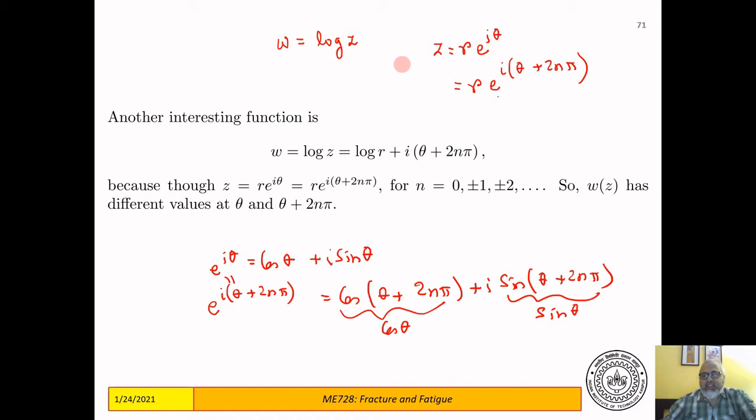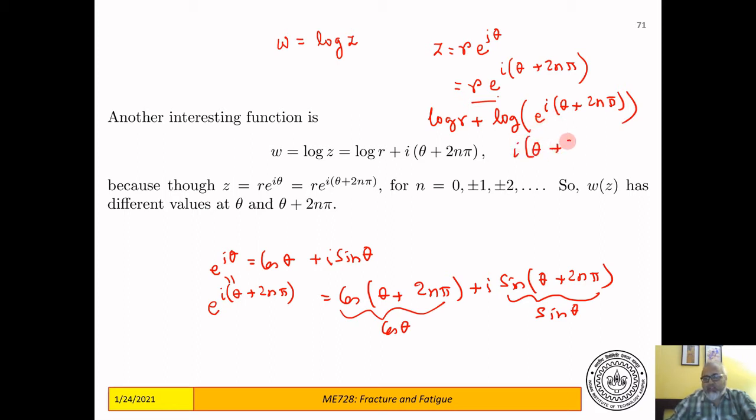Now if you take log z of this quantity, then you get log r plus log of e to the power i (theta plus 2n pi), but log of this quantity is just i (theta plus 2n pi). So log z is this quantity, which takes a different value depending on the value of n that you take.